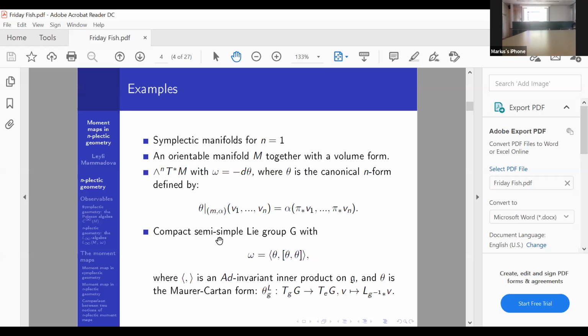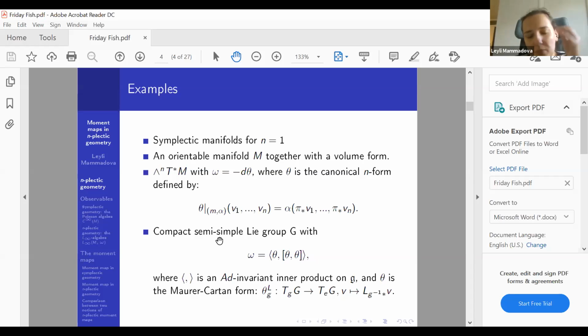Okay, but now I'm getting more curious because this example with the Cartan form makes you think about these other moment maps, which are Lie group valued moment maps. Is there a version of Lie group valued moment maps up to homotopy? I don't know that, unfortunately.